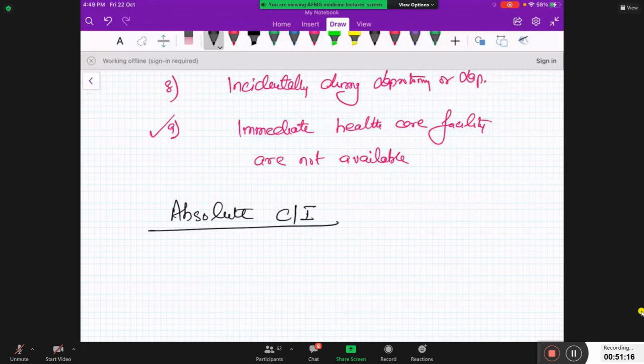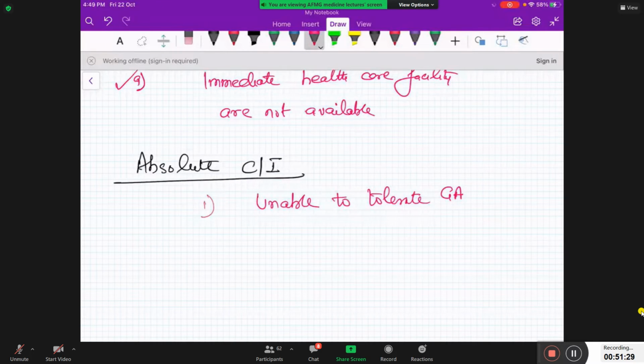The absolute contraindications are: 1, patient unable to tolerate general anesthesia. If the patient is unfit for general anesthesia, patient is unfit for laparoscopic procedure. Remember, any patient who is unfit for general anesthesia is unfit for any laparoscopic procedure. Laparoscopic procedure is done in general anesthesia only.